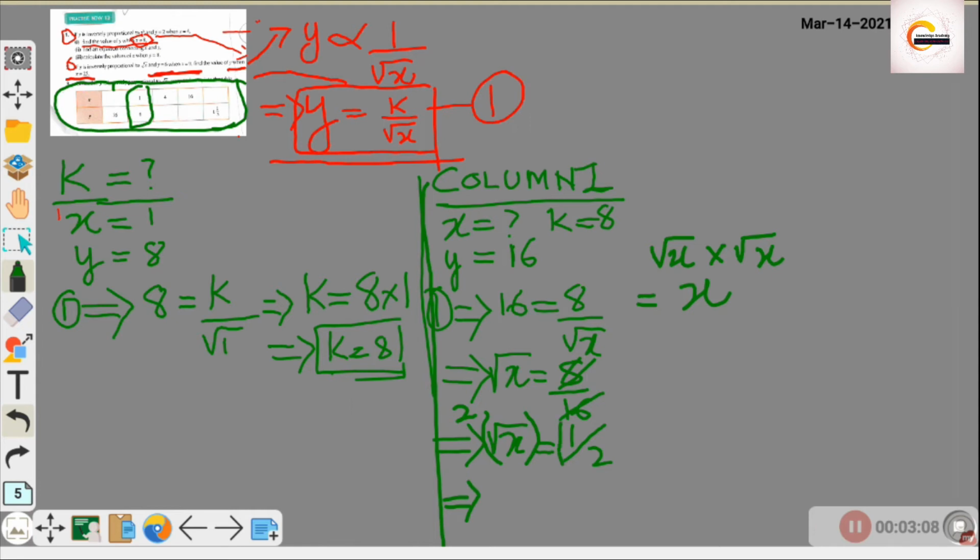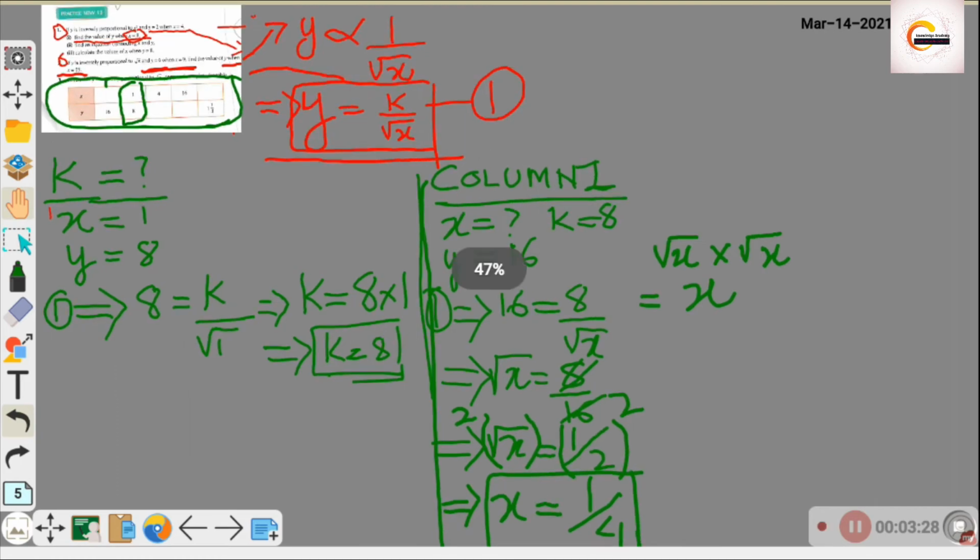We will have to square on both the sides. So squaring both the sides, we will get x is equal to 1 upon, what is the square of 2? 4. Now the value of x is 1 upon 4.